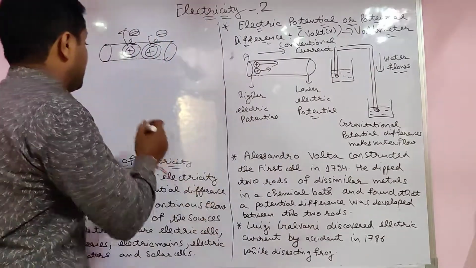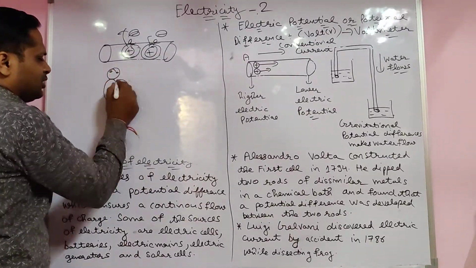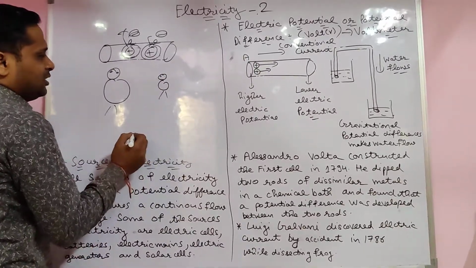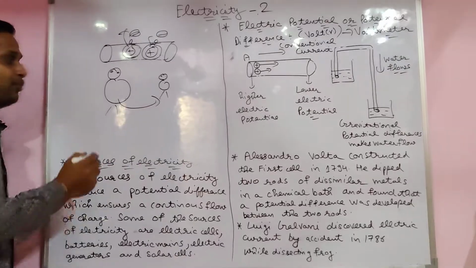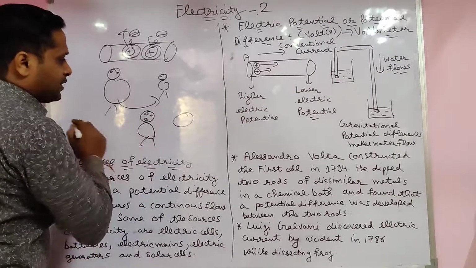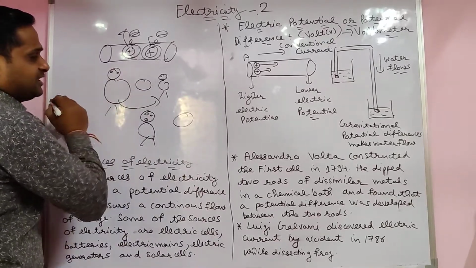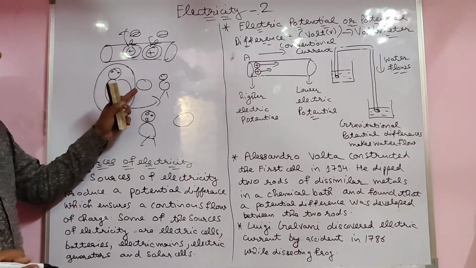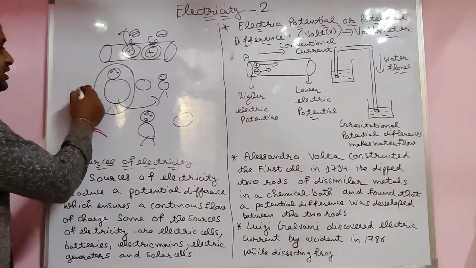For example, one person is very healthy and one person is not healthy, so obviously fighting is there. Here any toffee is there. When fighting happens, who is able to take the toffee? This one only.